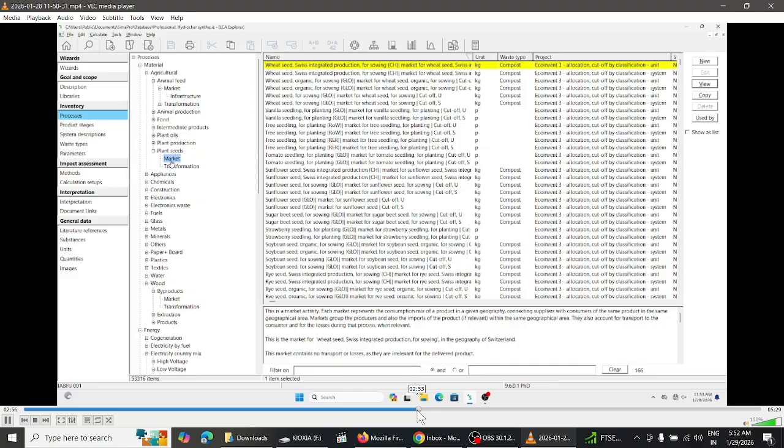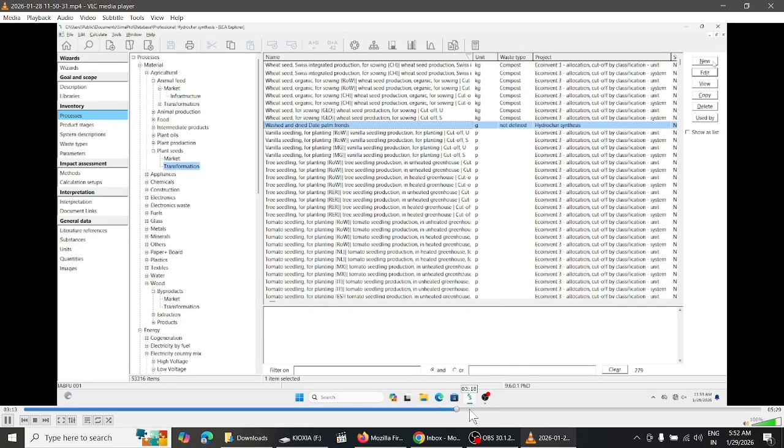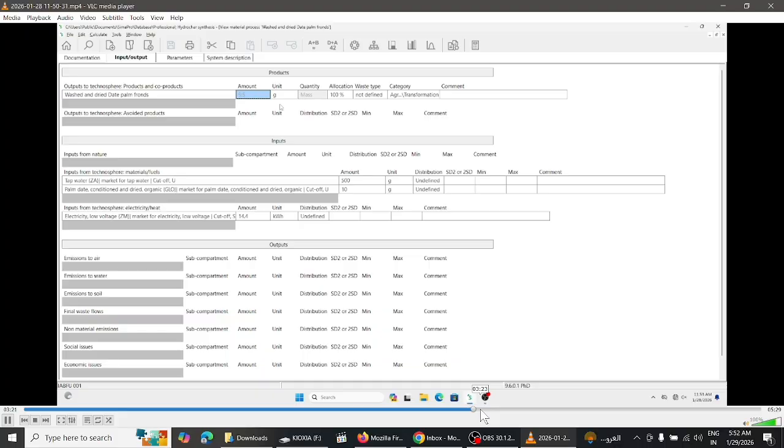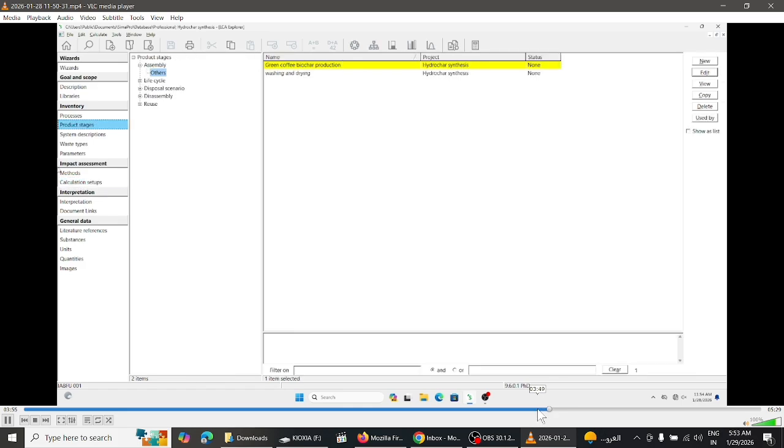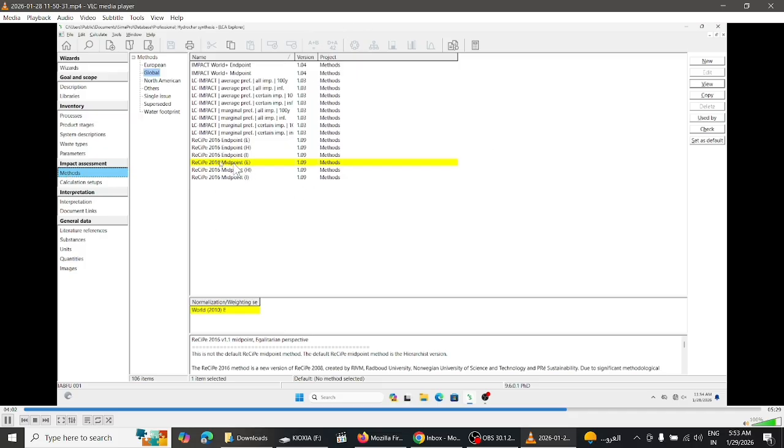So actually we are not taking hydrochar, we are just making a green coffee biochar here. Here we are producing the biochar and then chose ReCiPe 2016 midpoint H.